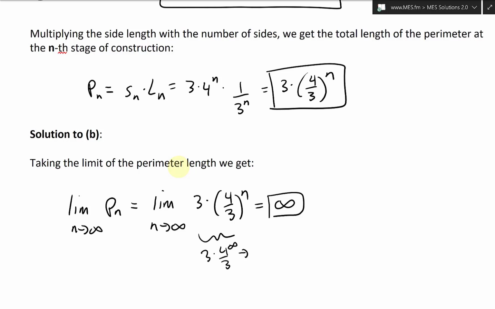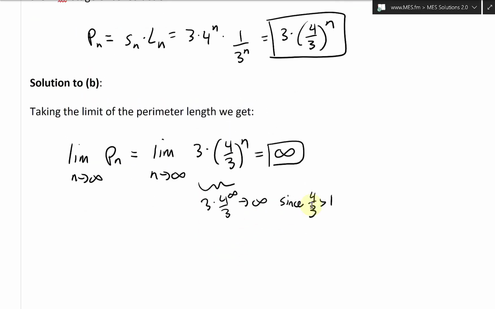This is going to 3 times infinity, it's just infinity. So it equals infinity, and this is since 4 over 3 is greater than 1. And that's similar to the earlier limit we went over. So because it's greater than 1, it goes to infinity as you take it to the power of infinity.